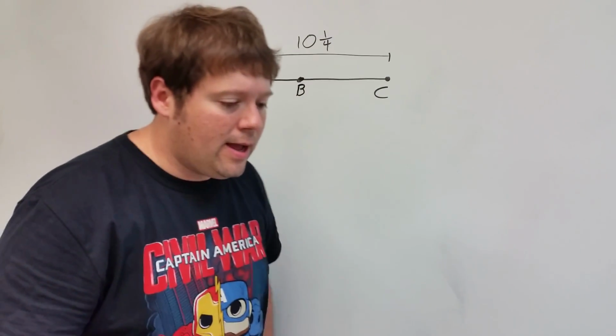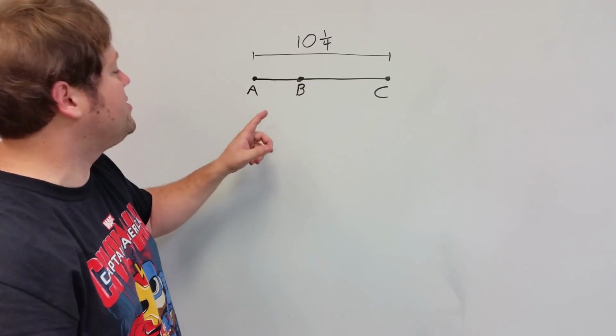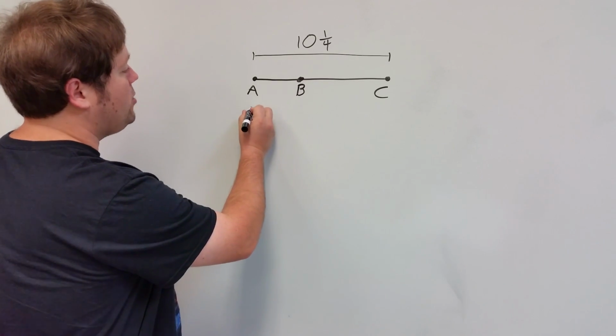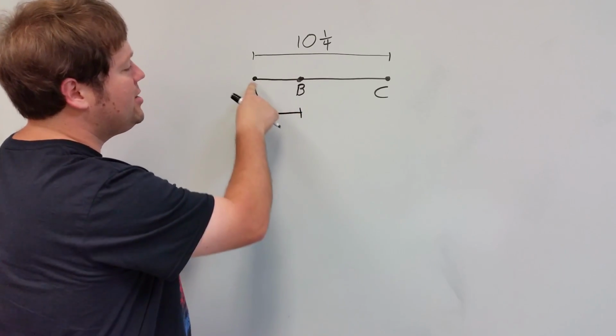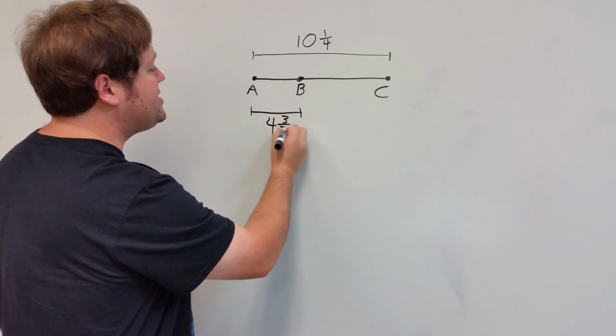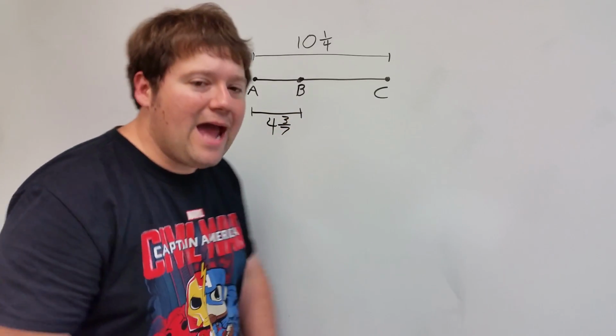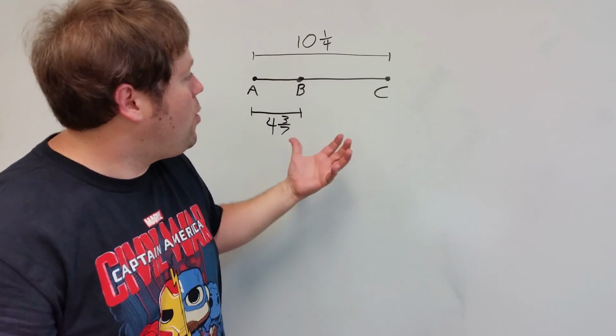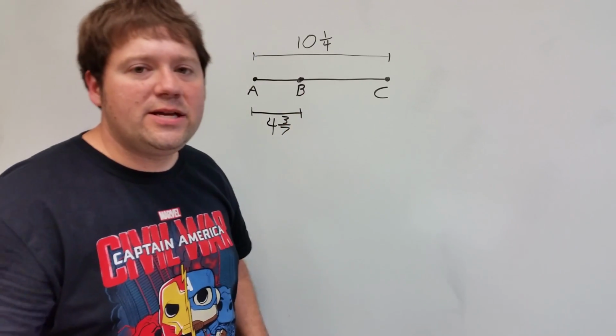And then they'll also tell us that line segment AB measures 4 3/7 units. So I label that also. AB would just be the segment from A to B, and it's telling us that's 4 3/7 units long. And then it will ask us, what's the length of segment BC?